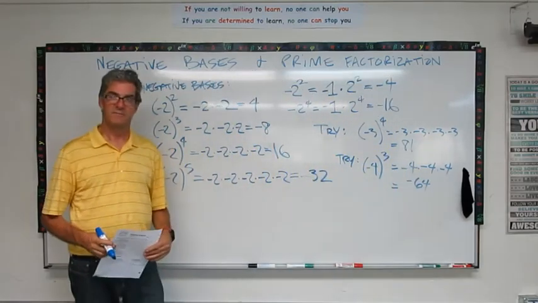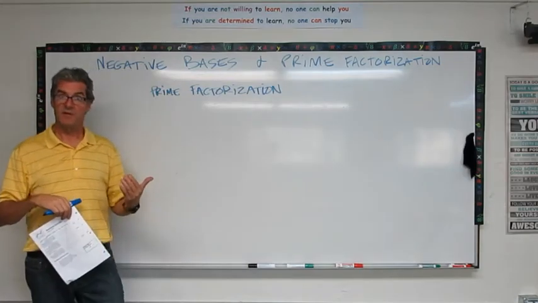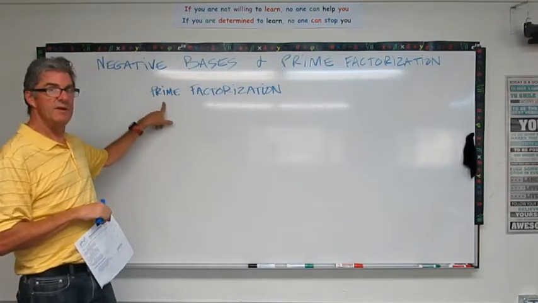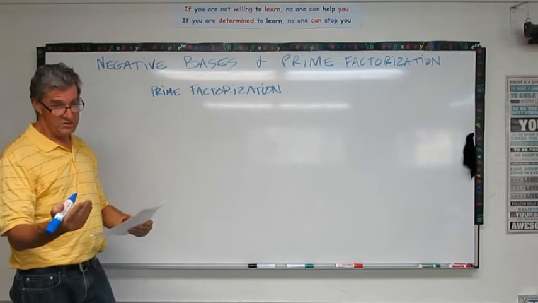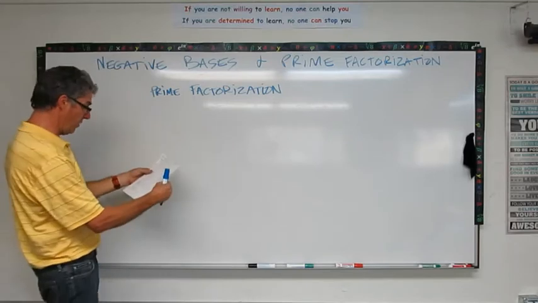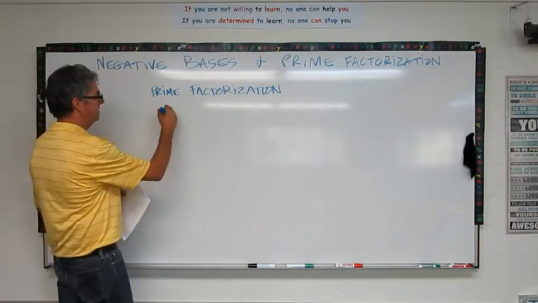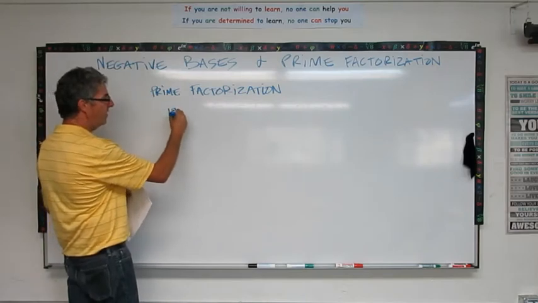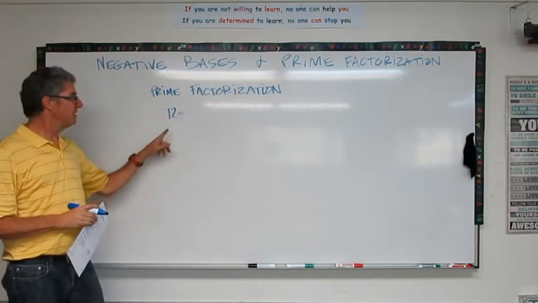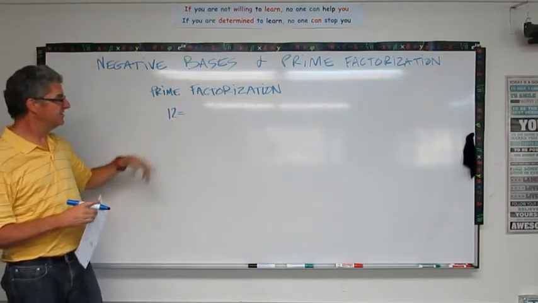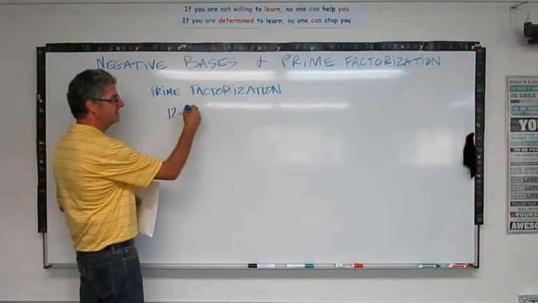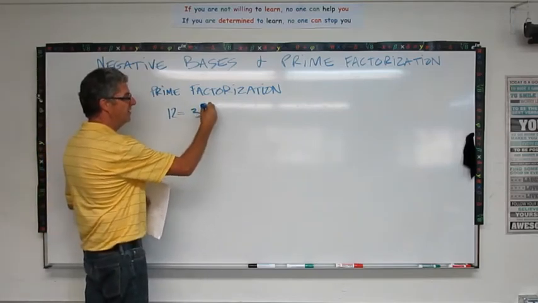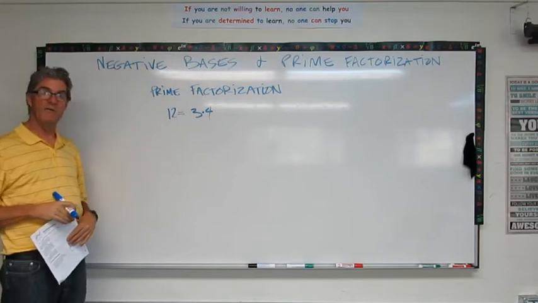Okay, the second topic for today's lesson is prime factorization. And we do this with exponents in the following way. 12, if we want to factor it into prime numbers, let's start with the first factorization. We all know that 3 times 4 makes 12.